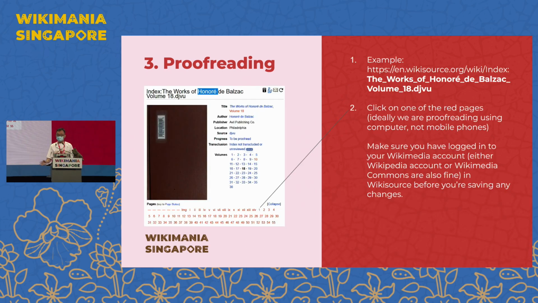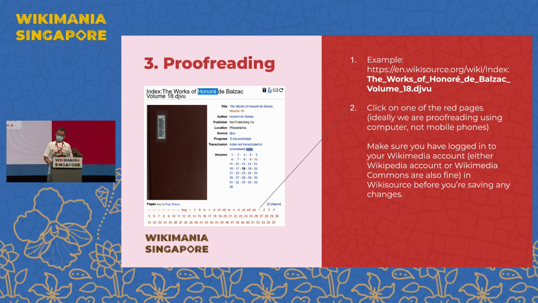So later, in the second part of this workshop, we will choose a book that has been prepared, and you can click on the red links on the pages, and you can try to proofread those pages. Everyone will be given about 5 pages. It's okay if you don't finish all 5 of them.